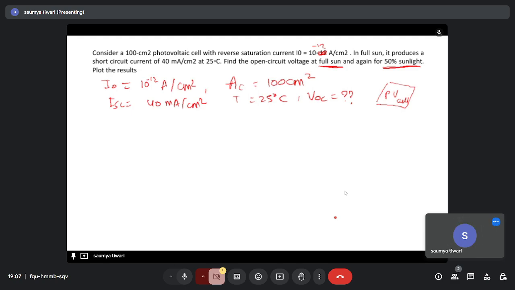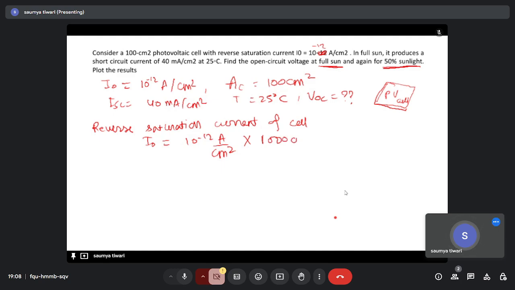So for our given cell of particular area, the reverse saturation current of the cell will be I naught, which is 10 to power minus 12 ampere per centimeter square, and our cell area is 100 centimeter square, right? So it will be 10 to power minus 10 ampere, right?